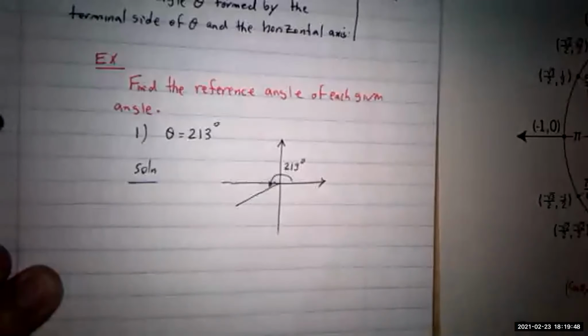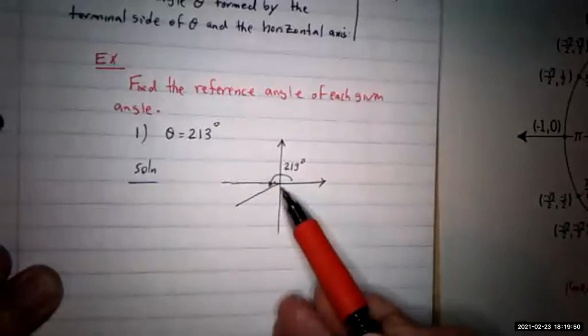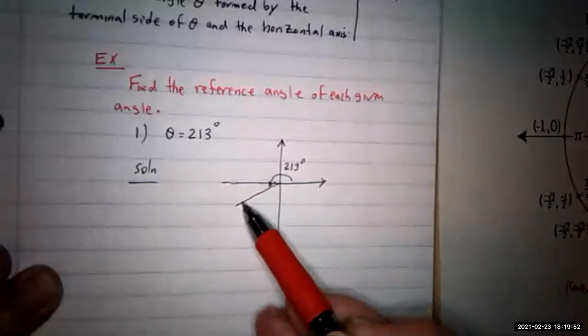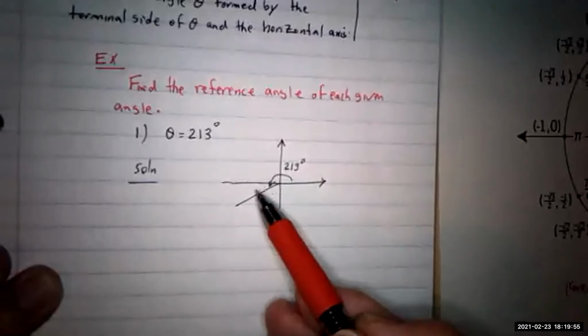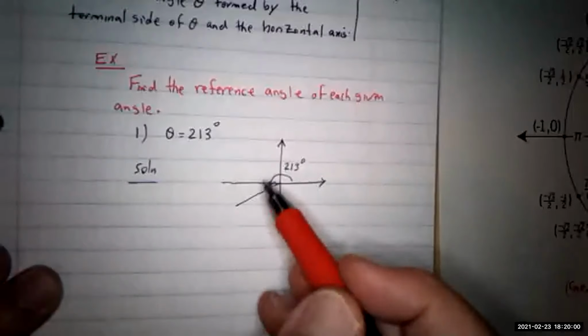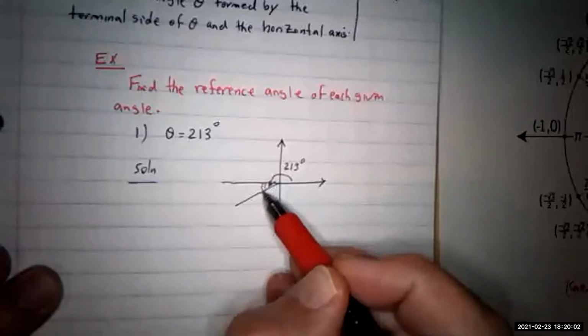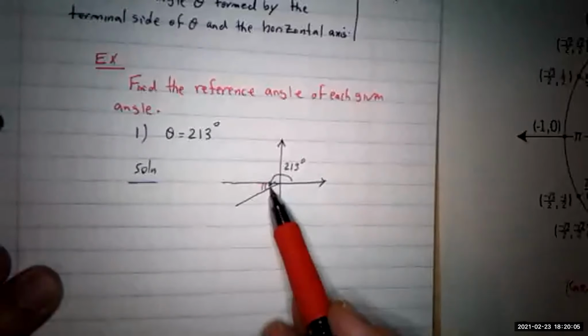Now the leftover. You see the angle between the terminal side and the horizontal axis. This is going to be the angle in question. Remember, this angle is an obtuse angle, so the reference angle must be an acute angle. So that's why we pick this one.